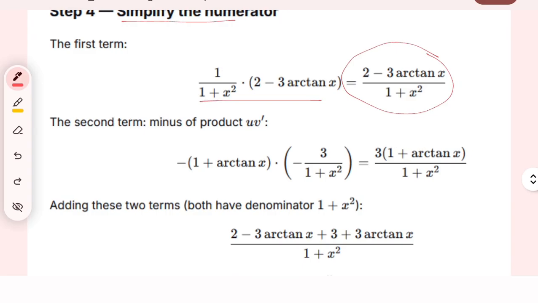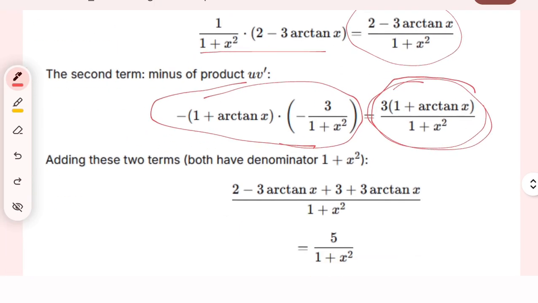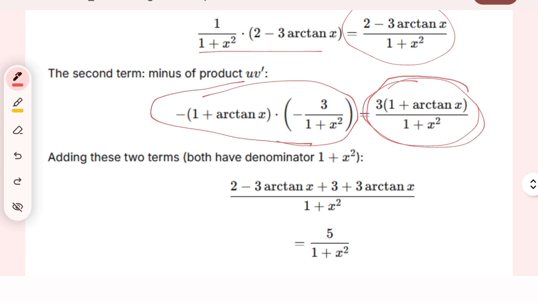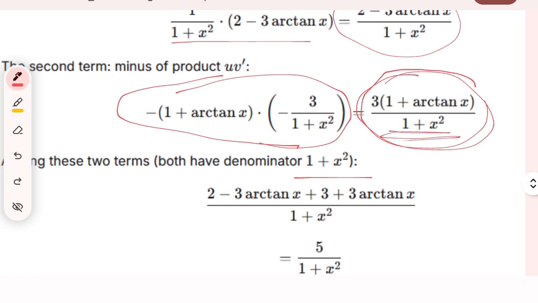So this is now the first term, and of course the second term is this one. If you look at the first term and the second term, they have a common 1 plus x squared, because here it has 1 plus x squared, and here it also has 1 plus x squared.